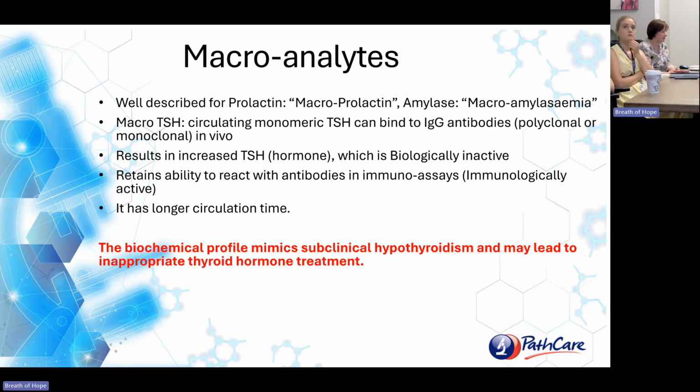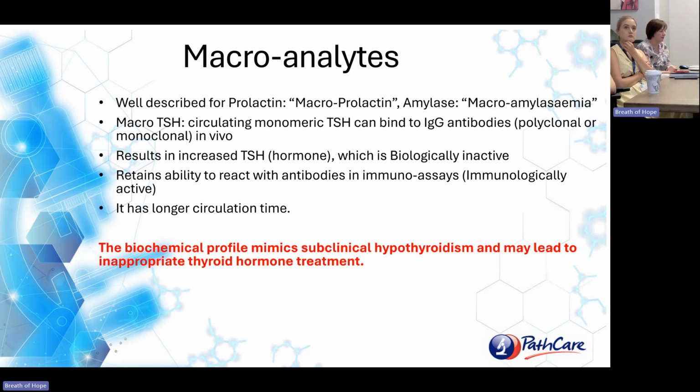Next category of interference, I want to speak about macroanalytes. It is well described for prolactin, where we talk of macroprolactin, or amylase, macroamylasemia. So in the case of macro TSH, the circulating monomeric TSH can bind to IgG antibodies. It can be polyclonal or monoclonal, and these antibodies are in vivo.